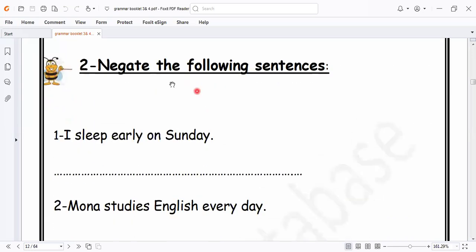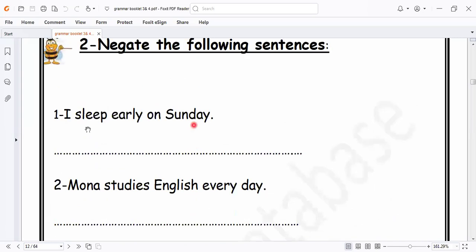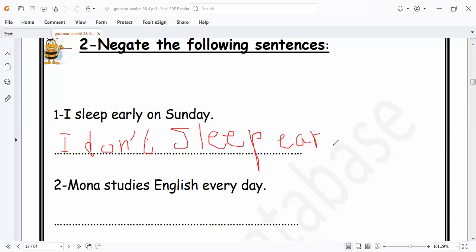What can I do here? Negate the following sentences. Negate means putting the sentence in the negative form. Like what? I can say: I don't sleep early on Sunday.